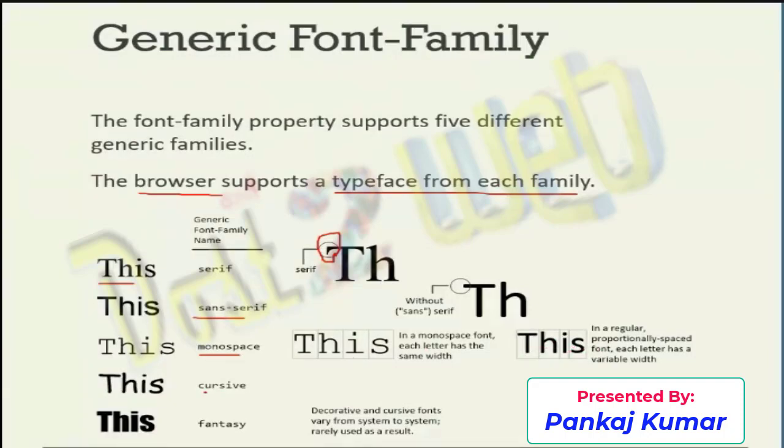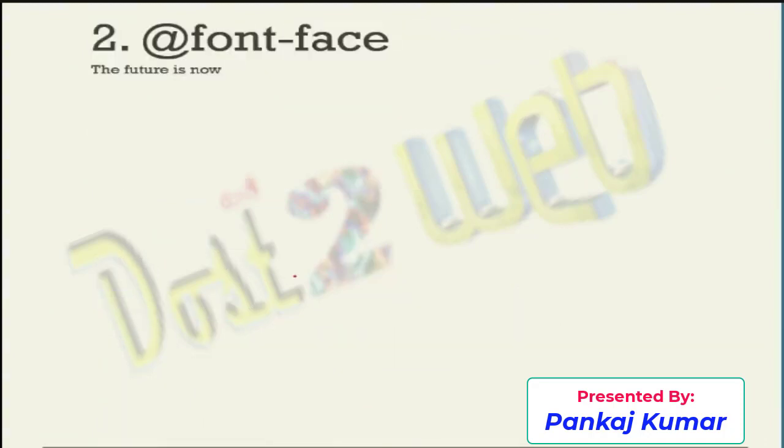When you define cursive, the cursive font family will be used. If you define fantasy, you can see it's a little bit decorative and bold, so it looks highlighted. This way, you can define the generic font family and its support in the browser.